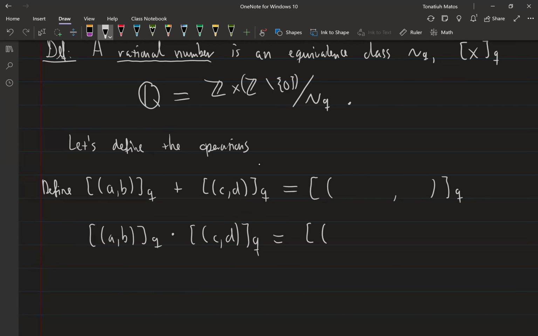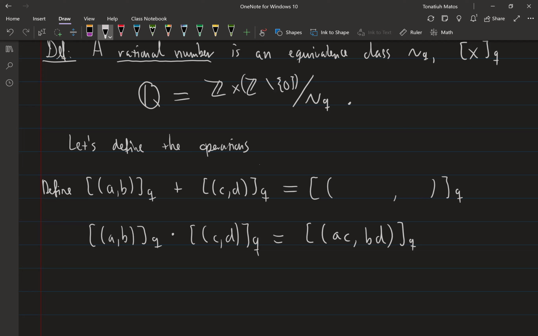Multiplying fractions is easy, right? If the first object is supposed to be a over b, well, then this is just this. Just multiply them coordinate-wise. But the addition is the one that, funny enough, is more complicated. So how would we figure this out? Okay, someone gave the answer in the chat. Ismail, thank you.